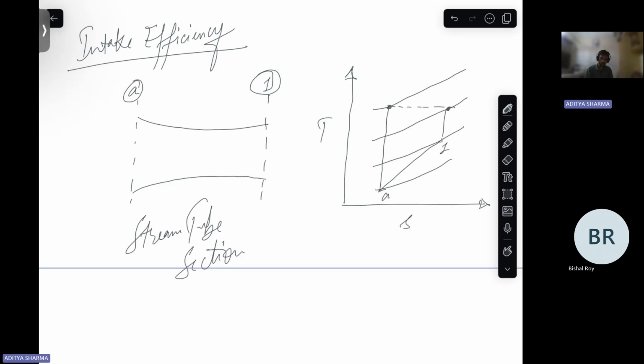From A to 1, not 1 and not A. So ideally 1 dash. But in the real case, this is moving to here, and then this is the stagnation condition for this intake efficiency.